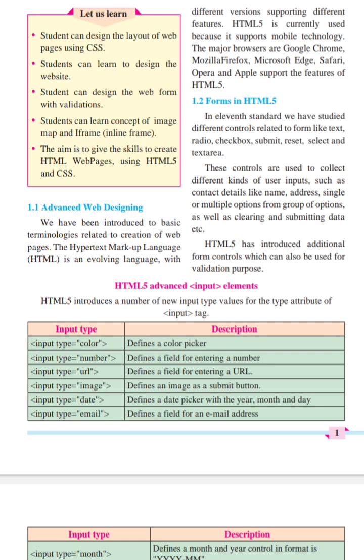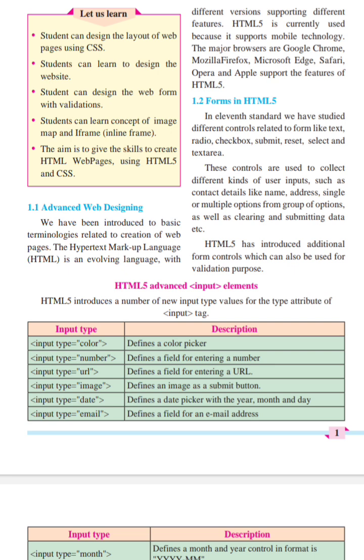HTML stands for Hypertext Markup Language, an evolving language with different versions supporting different features. HTML5 is currently used because it supports mobile technology. The major browsers, Google Chrome, Mozilla Firefox, Microsoft Edge, Safari, Opera, and Apple support the features of HTML5.